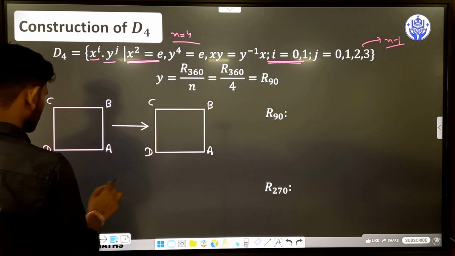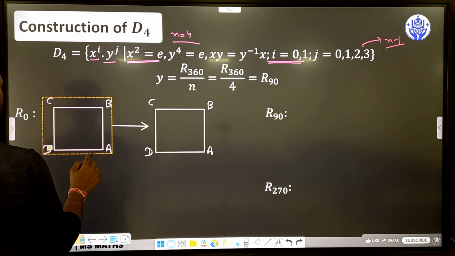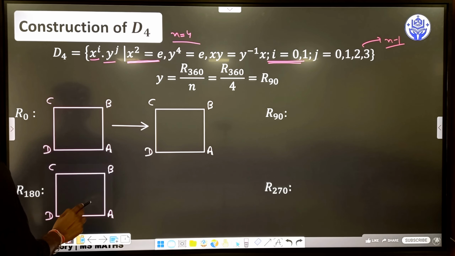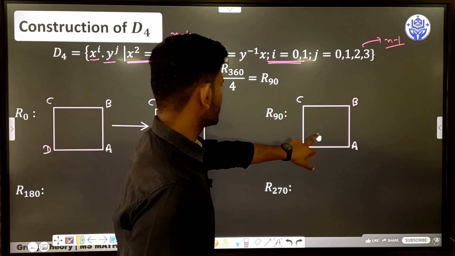Okay, so next will be what? If I will write this, so from here, if it is my R, okay, 90 degree. So what is 90 degree here?